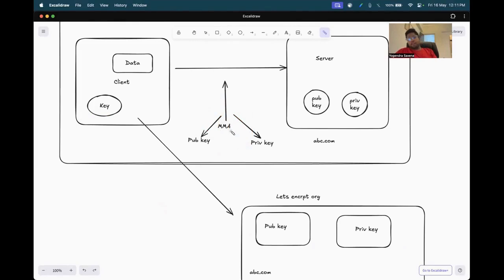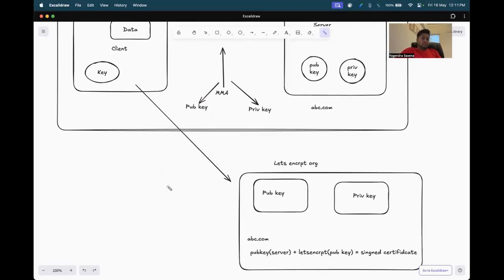Even if the data was spoofed or the public key was changed in the middle, that public key will be different from what the client has, so the certificate will not match. That is how the whole encryption and decryption works, and that is the whole purpose of the SSL certificate: how your data is encrypted and travels securely over the network.